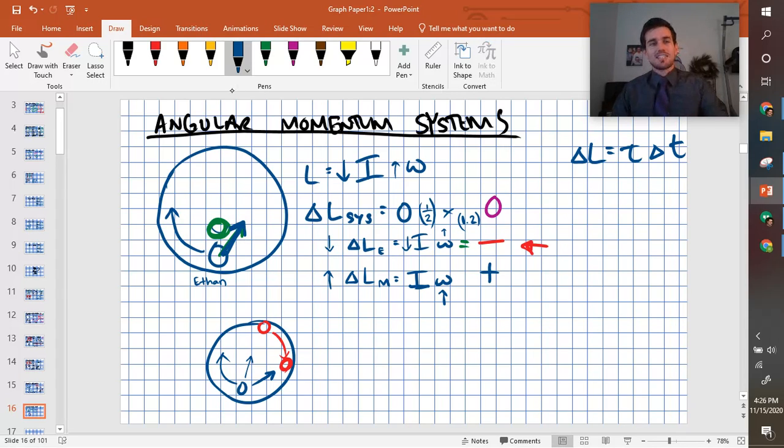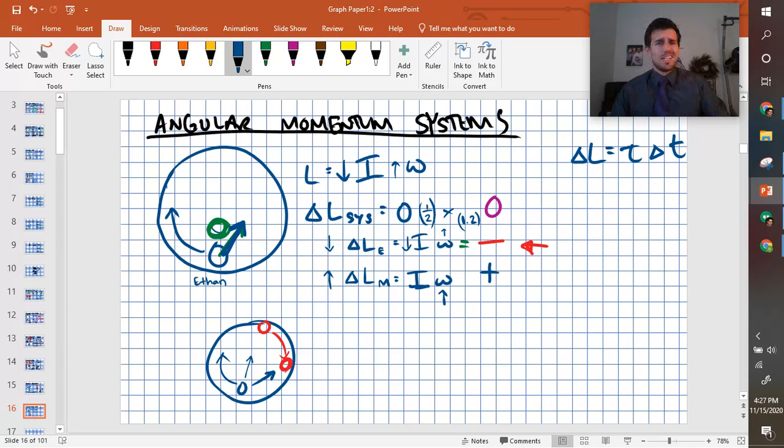He's applying a little bit of a torque onto the merry-go-round, which causes it to rotate faster. And if he's applying a torque to the merry-go-round, the merry-go-round is applying a torque to him, which decreases his angular momentum and increases the angular momentum of the merry-go-round.